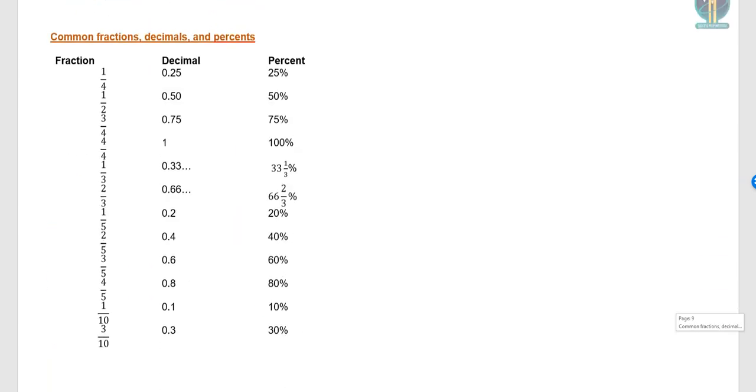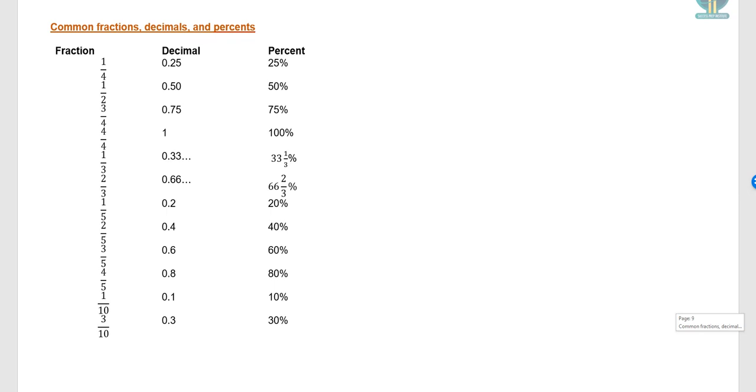Now, this is a quick summarization of some common fractions, decimals, and percents. In fraction form, when you have 1/4, right, that's a quarter. A quarter, as a decimal, is 0.25. Okay, we all know that. In terms of a percent, it is 25%. So a quarter is 25%.